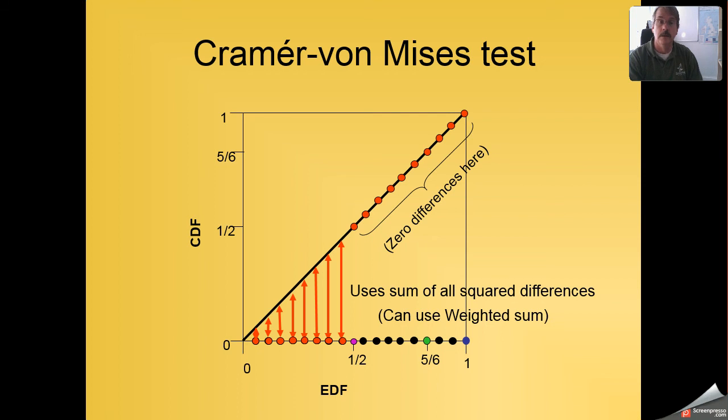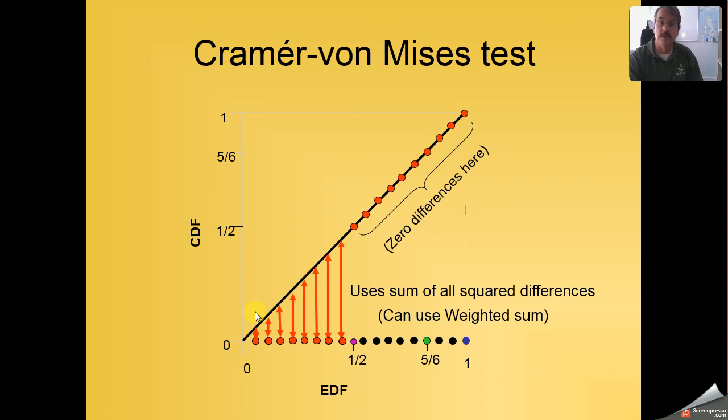In addition to that, the Cramér-von Mises test, given that it computes a deviation for each dot, it can weigh those deviations differently to say it's very important that these discrepancies be as small as possible.